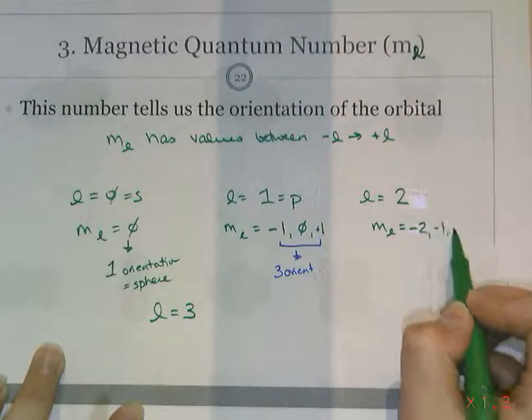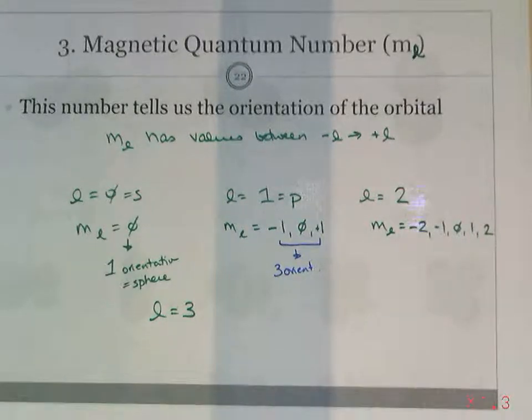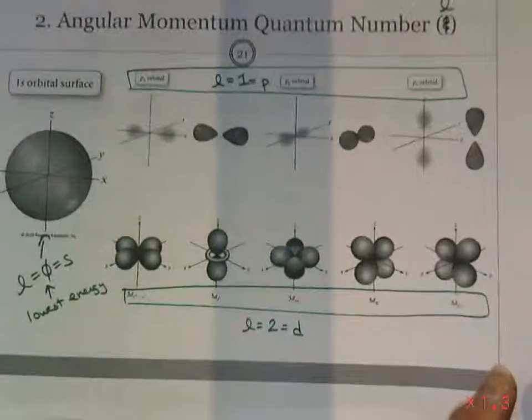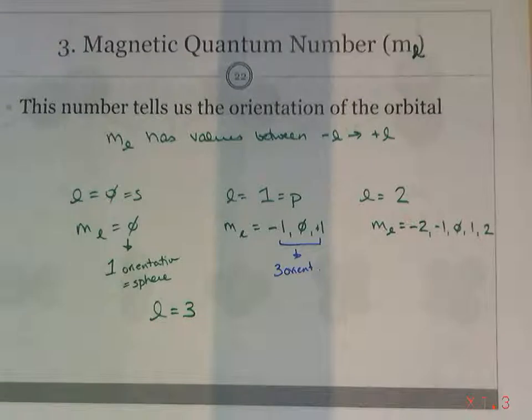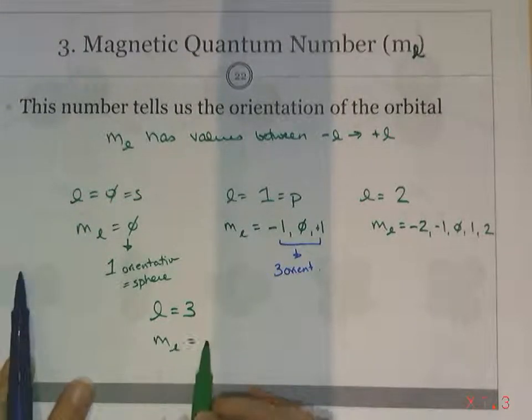So if there's D, I expect 5: minus 2, minus 1, 0, 1, 2.